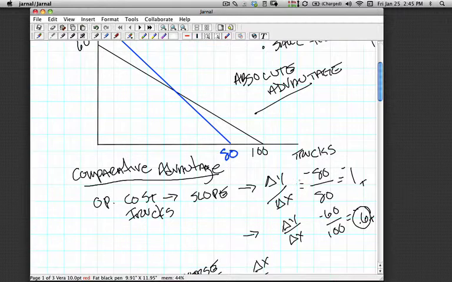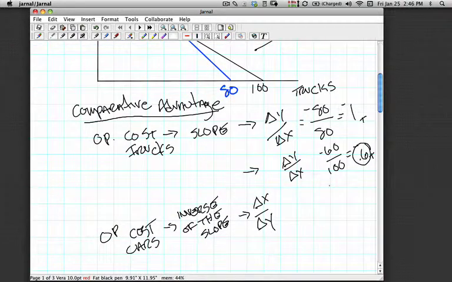60 cars, in order to do that, they're going to have to give up 100 trucks, resulting in an inverse of the slope of 1.67.